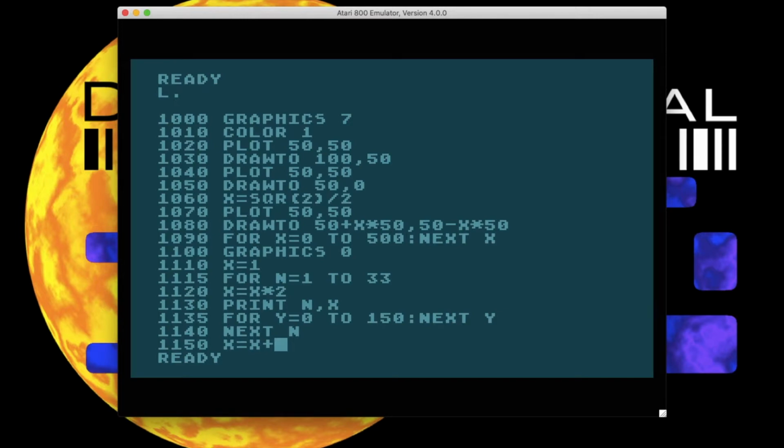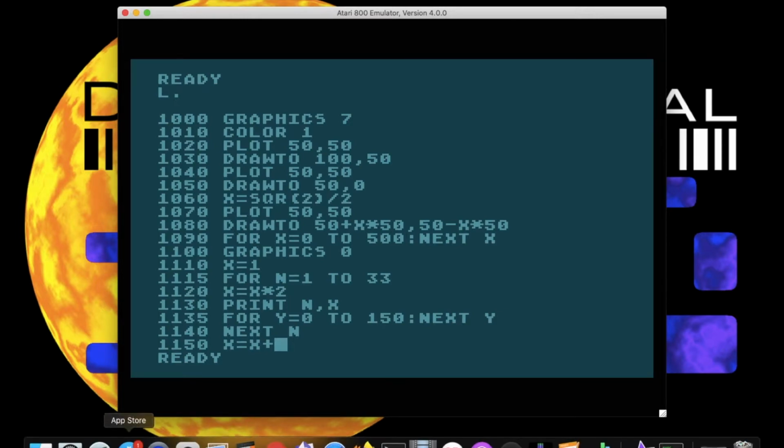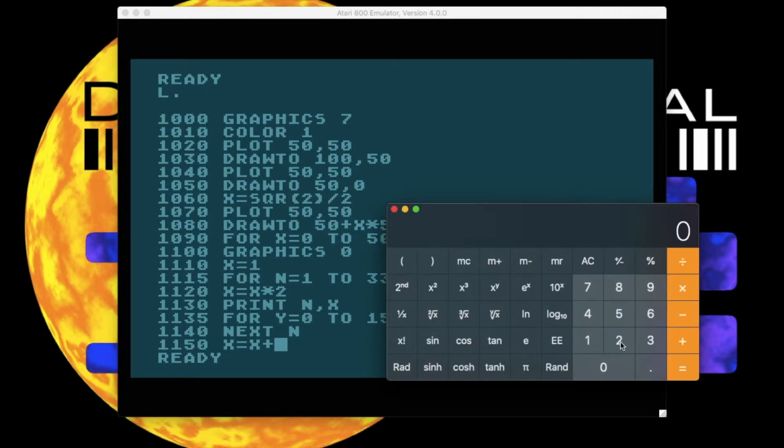So 2 raised to the 30th. Let's get the regular Atari calculator out here. 2 raised to the 30th power equals that.